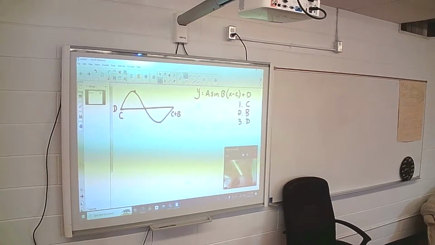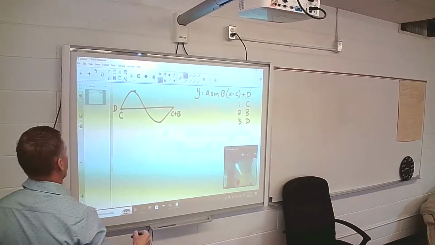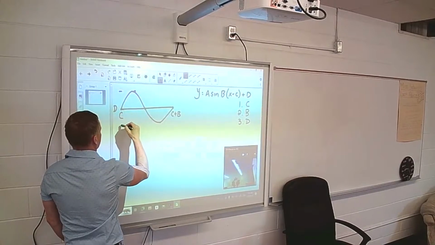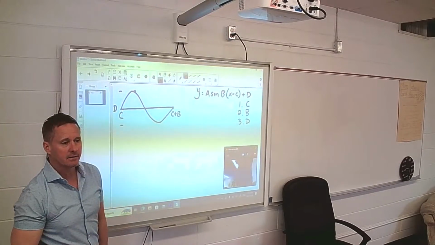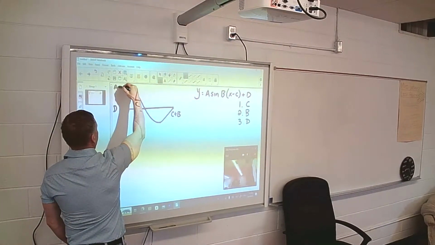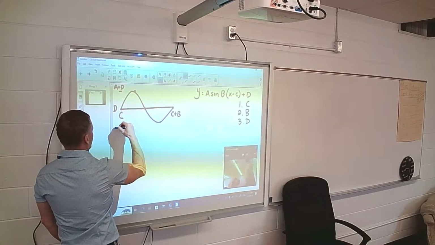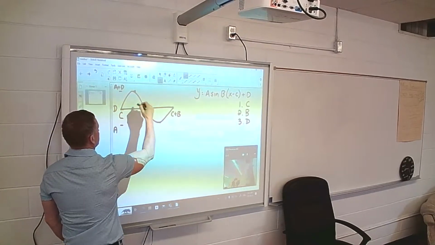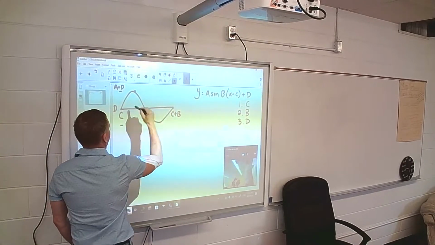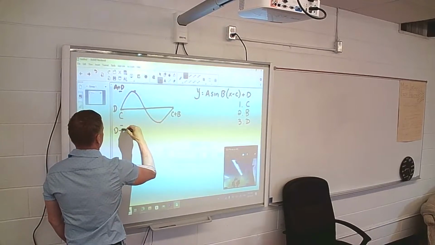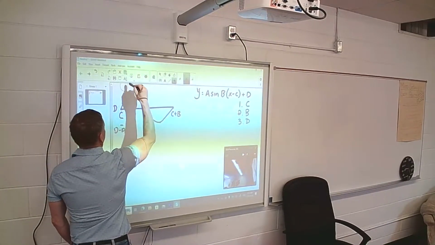That's the equilibrium position. That's where the graph moves up or down. And then I would mark my maximum and minimum next, because this was A plus D and this was D subtract A. Let me just write that. I'll write that as D plus A.